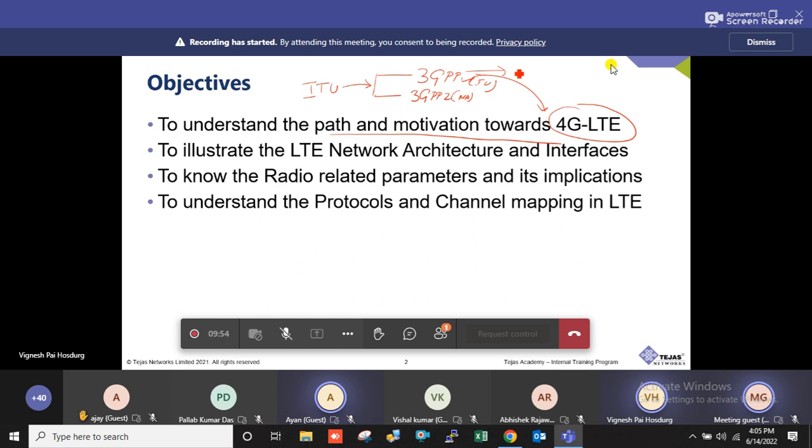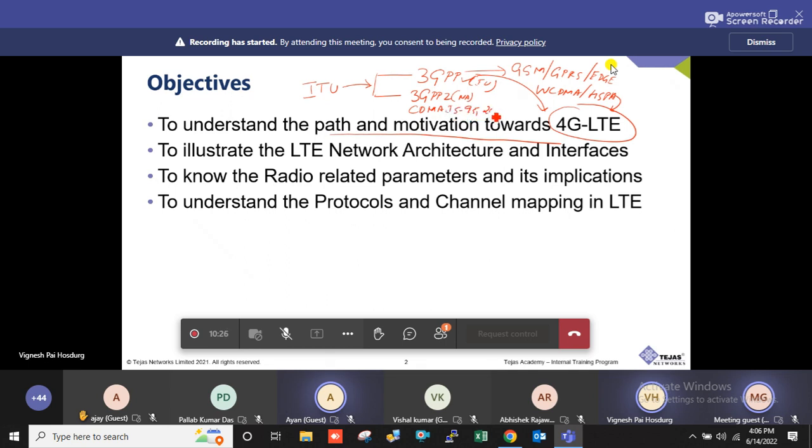So we looked at 2G, which is GSM, GPRS, and EDGE architecture. We also looked at WCDMA/HSPA architecture, and then we move towards LTE. For 3GPP2, we didn't look at the architecture, but we already know they started with CDMA IS-95, Interface Standard 95.